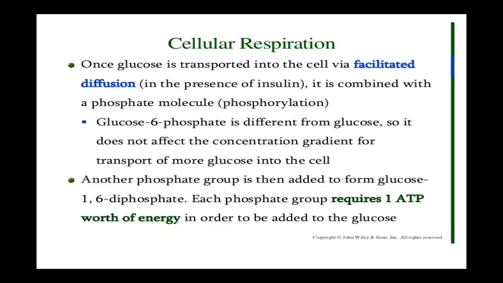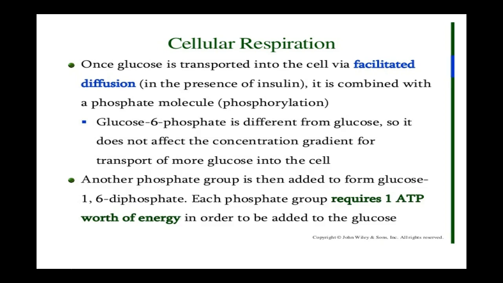And then glucose is going to, this goes back a little bit, a bit of a backtrack. I talked about this a little already in the last slide: you have a concentration gradient. So the cell can keep taking glucose in, but it maintains the concentration gradient by putting a phosphate group on that 6 carbon.